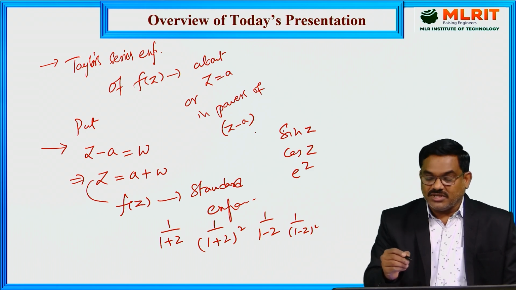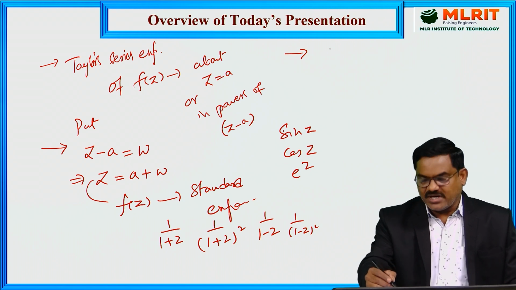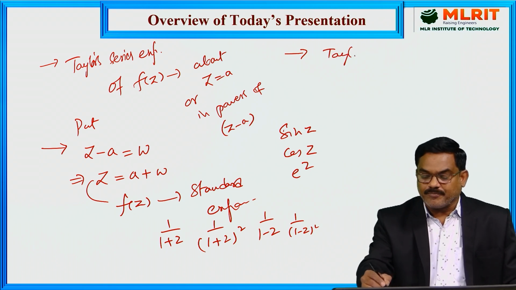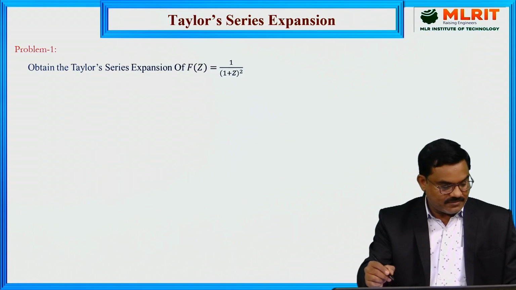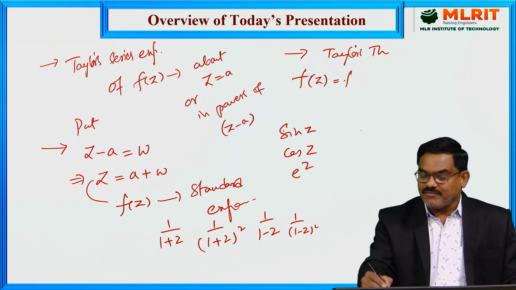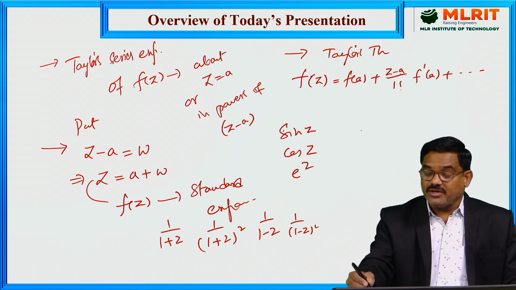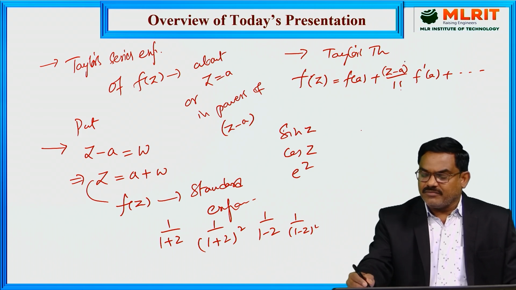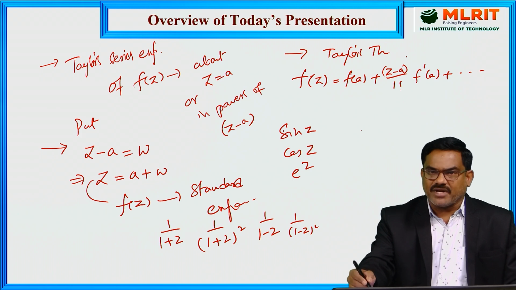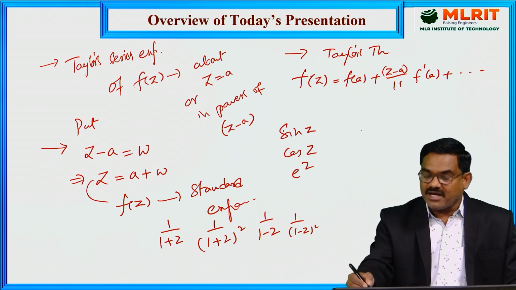And there is another procedure, just using the actual statement of Taylor's theorem. By Taylor's theorem, f of z equals f of a plus z minus a by 1 factorial f dash a plus and so on. Here the power of z minus a increases, and if we have z minus a power n, then the nth derivative must be f power n of a by n factorial.